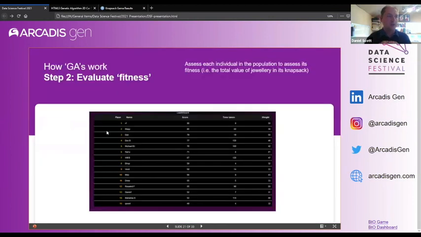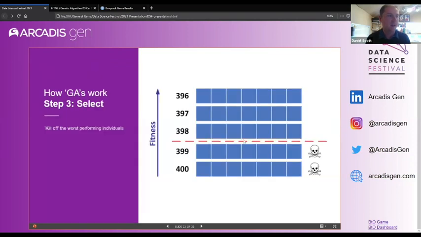What we then do is we evaluate fitness. Exactly as we were looking at in the app just then, clearly we can directly measure fitness by how far down the track they managed to get. In our knapsack game, it was how many points somebody managed to get, and that sort of thing. So we can just rank those highest to lowest, and understand where the fittest is and where the least fit is.